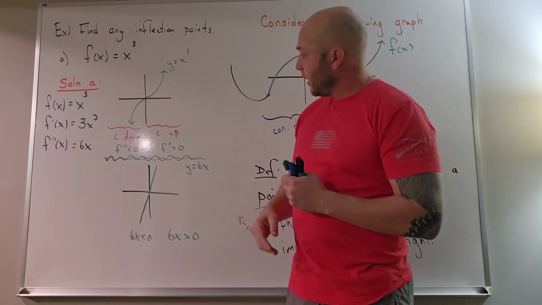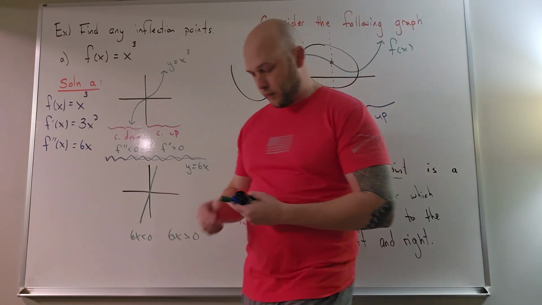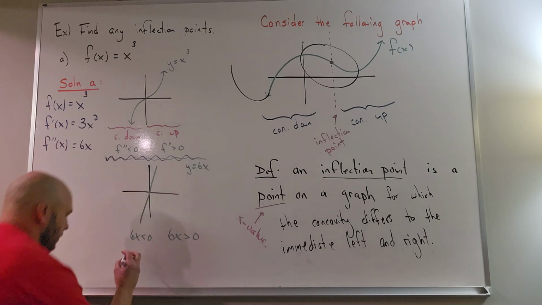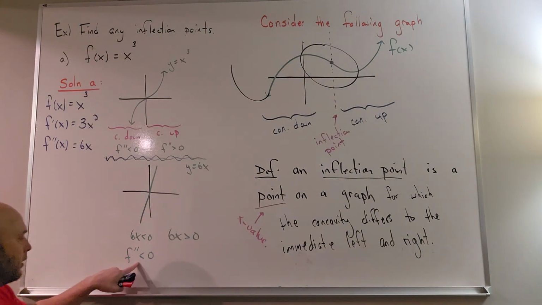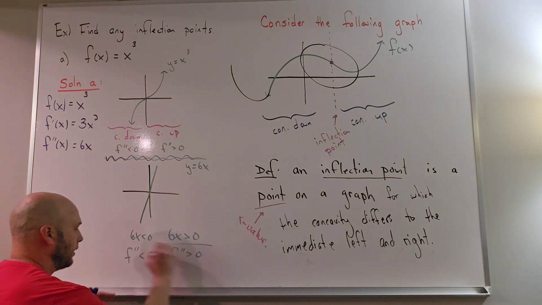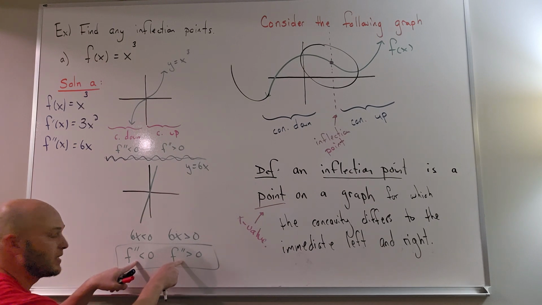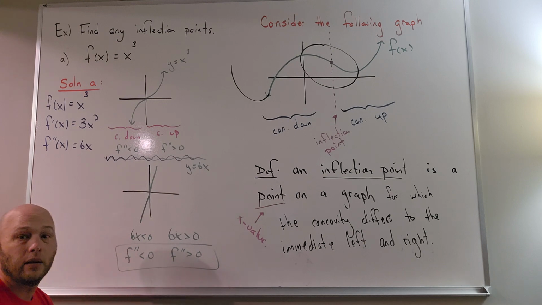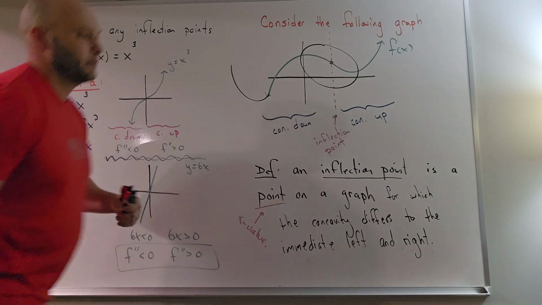This example illustrates that we're going to take the second derivative and solve this pair of inequalities, and see if there's a point where the second derivative has different signs to its immediate left and right. That's going to be the overall procedure. Let's practice with another handful of types of functions.